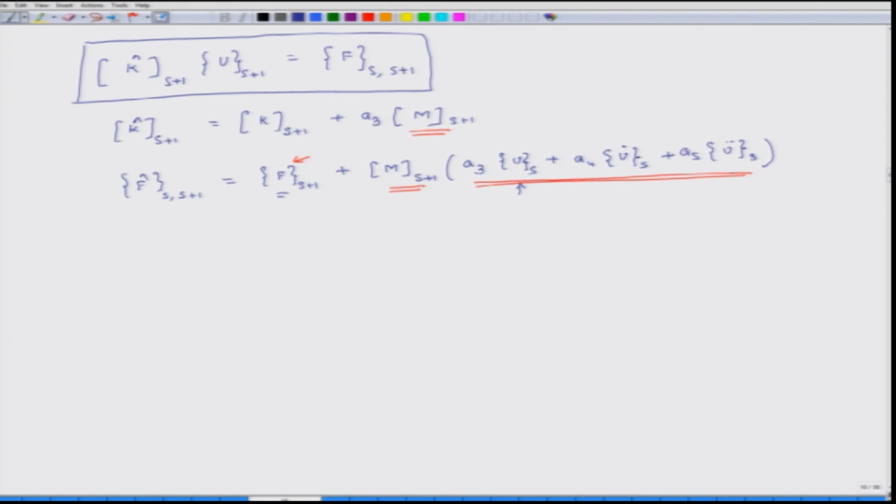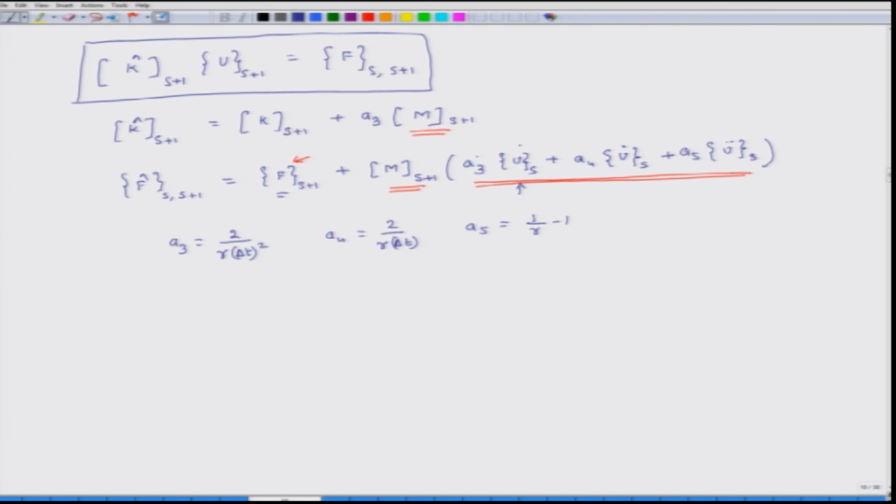Oh, by the way, I have to define A3, A4, and A5. A3 equals 2 over gamma times delta t square, A4 equals 2 over gamma times delta t, and A5 equals 1 over gamma minus 1. All these A3, A4, A5 are known, because gamma is known, delta t is known, everything. But I have to know the solution at the previous time step.